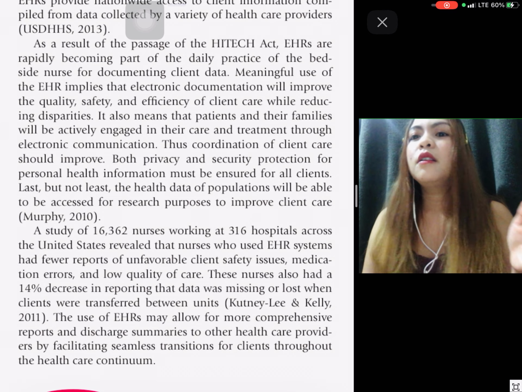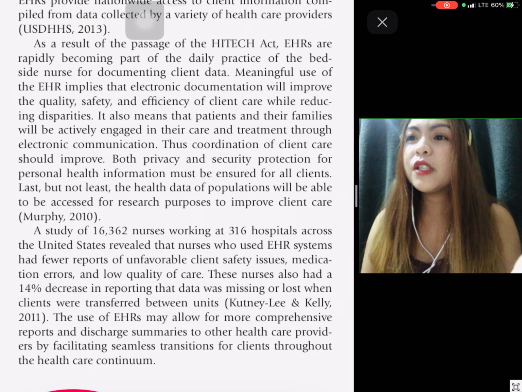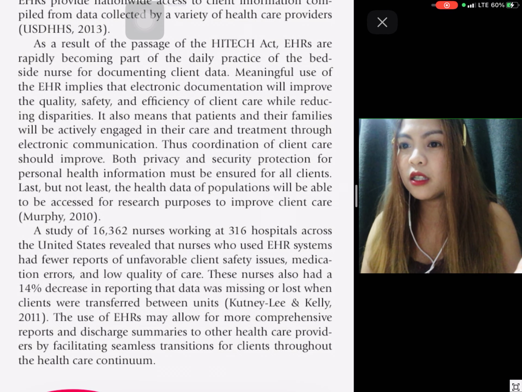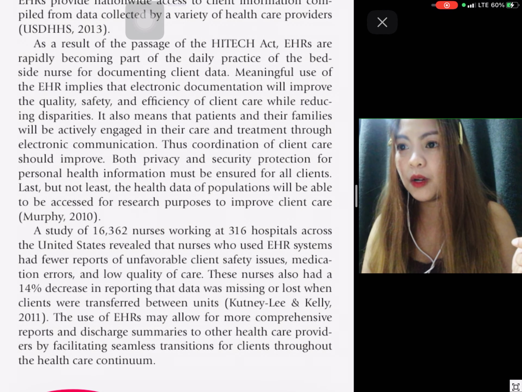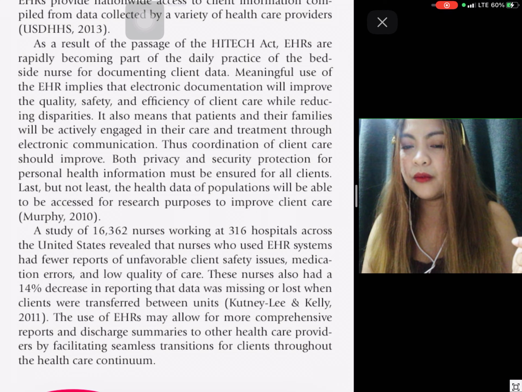A study of 16,362 nurses working at 316 hospitals across the United States revealed that the nurses who use EHR systems had fewer reports of unfavorable client safety issues, medication errors, and low quality of care. The nurses also had a 14% decrease in reports that data was missing or lost when clients were transferred between units.